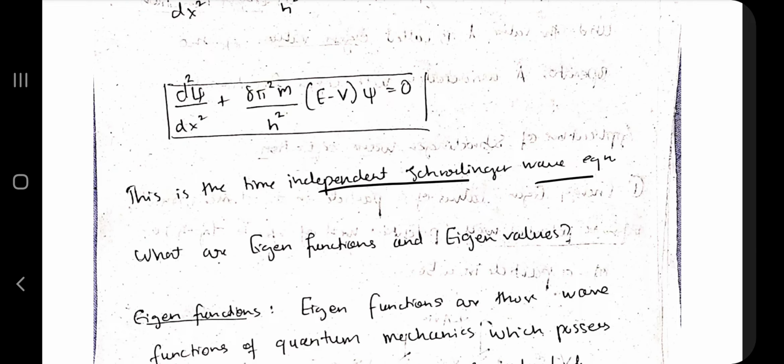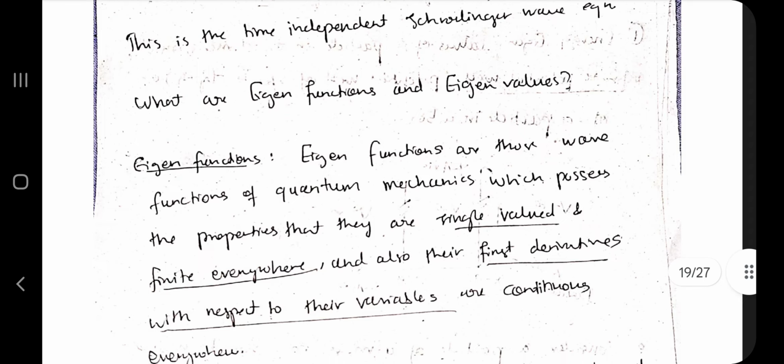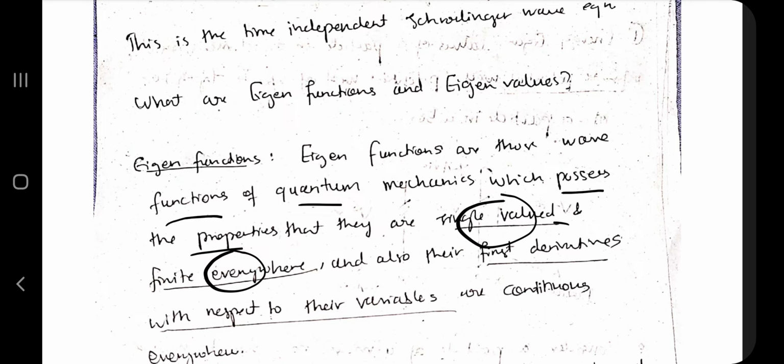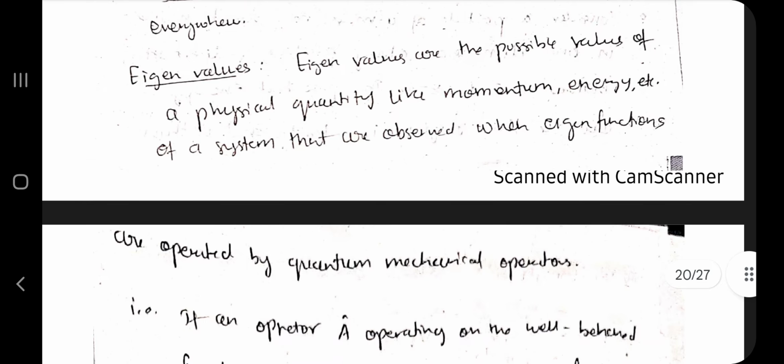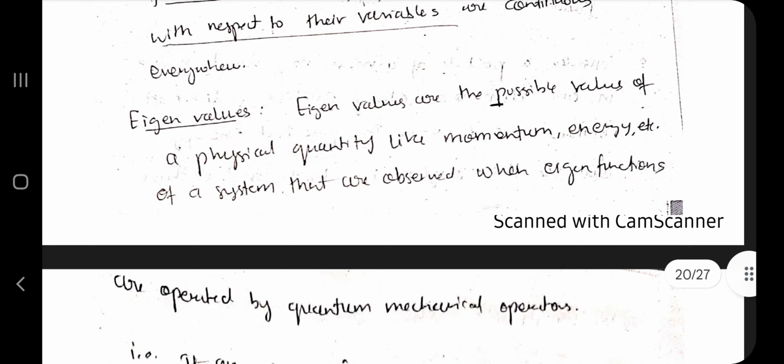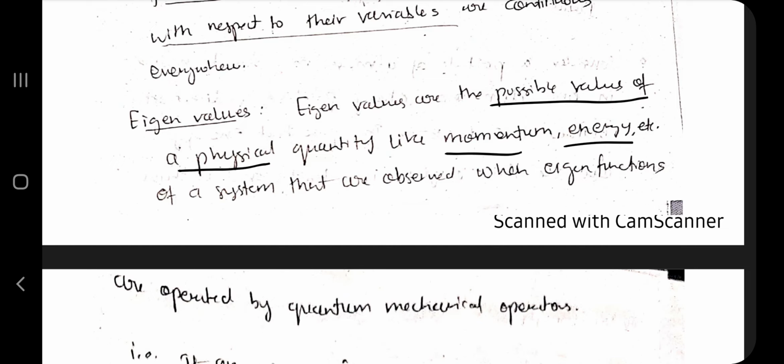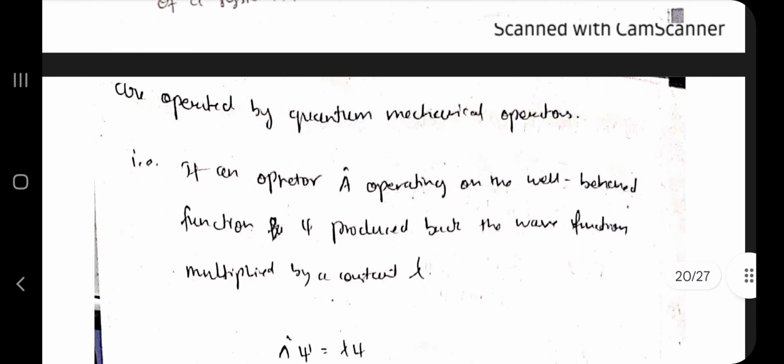Okay, before moving on further, let's quickly revise what are eigenfunctions and eigenvalues. Eigenfunctions are those wave functions of quantum mechanics which possess the properties that they are single valued, finite everywhere, and also the first derivatives are continuous. What are eigenvalues? Eigenvalues are the possible values of a physical quantity like momentum, energy, etc. of a system that are observed when the eigenfunctions are operated on by quantum mechanical operators.